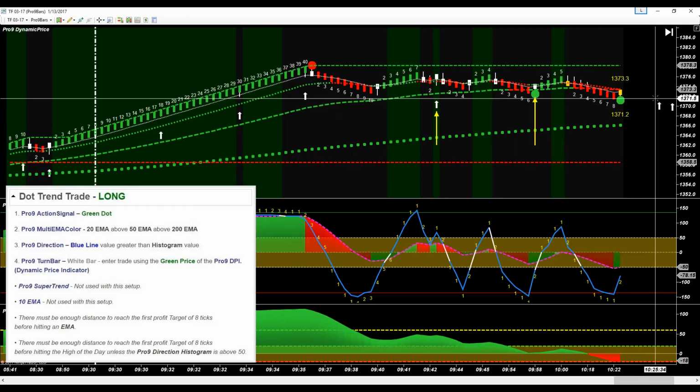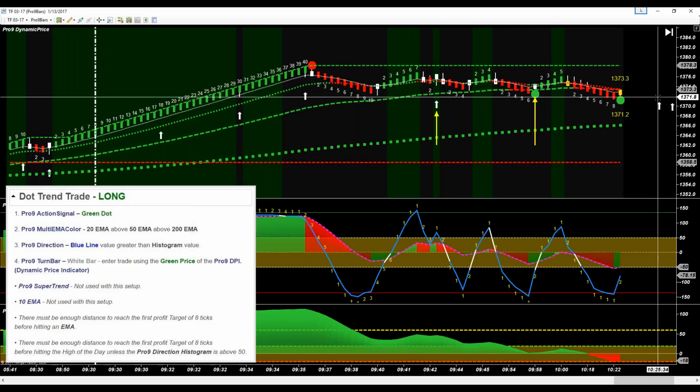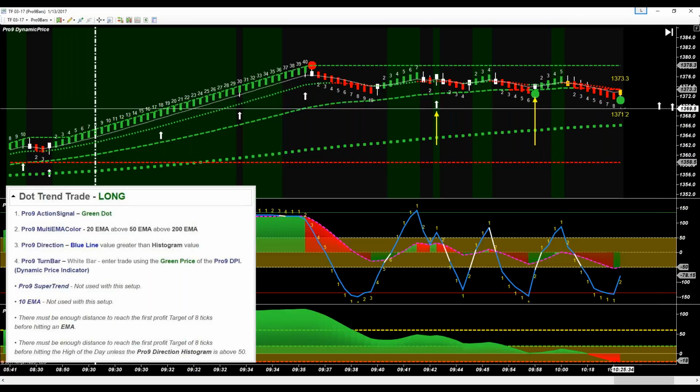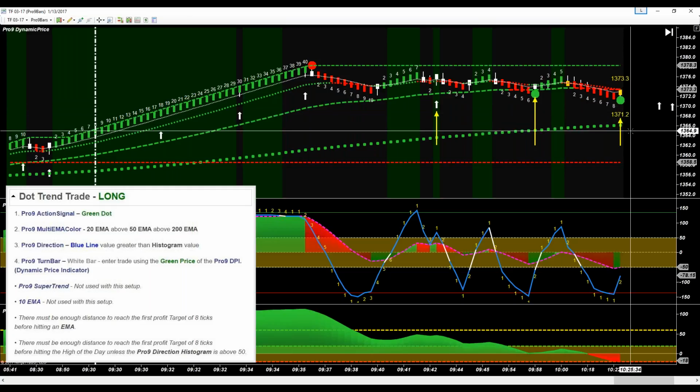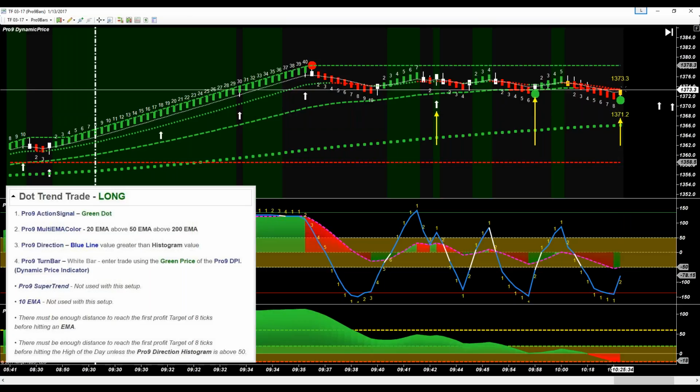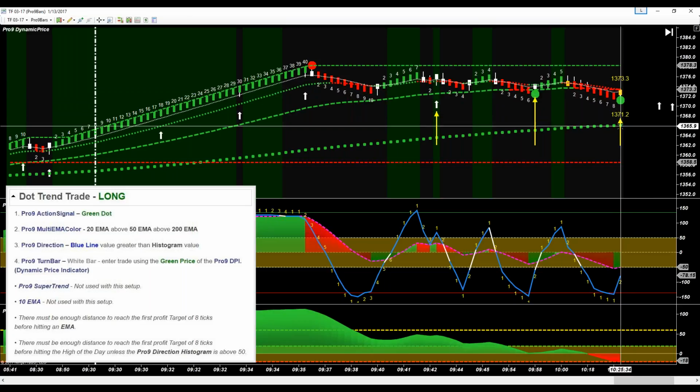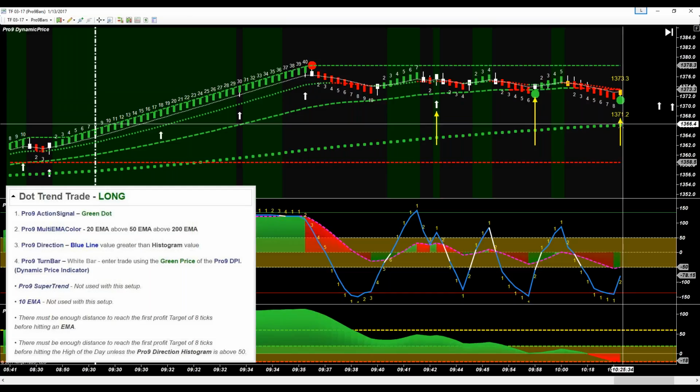And then we do move a little lower than our previous point where we bounced off. And this is another dot trend entry. So while they are rare, sometimes you will see them back to back. So we do have our 20 above our 50, above our 200 again.